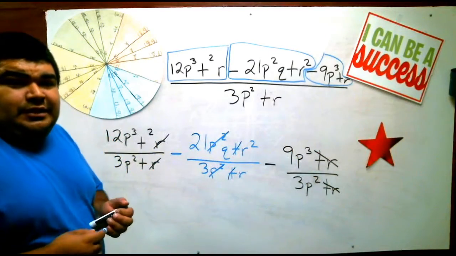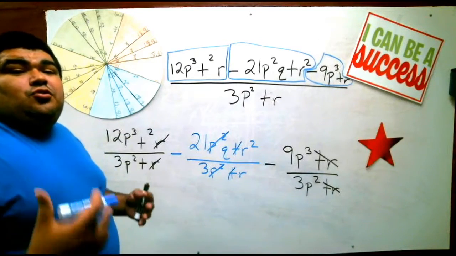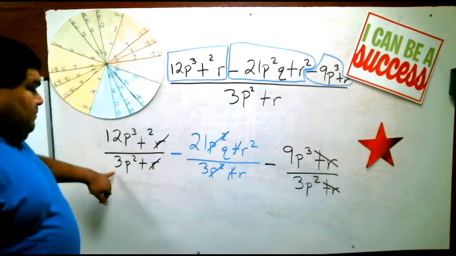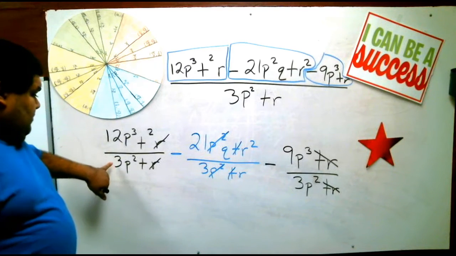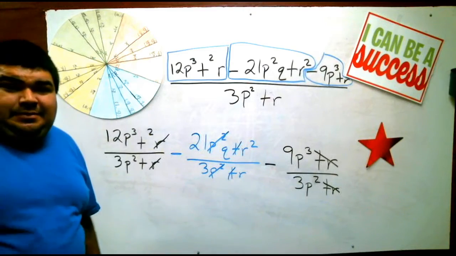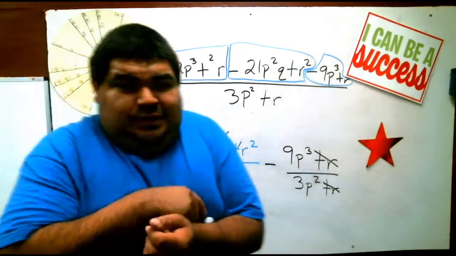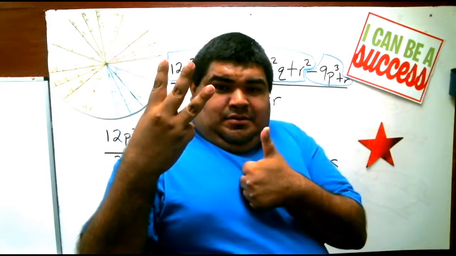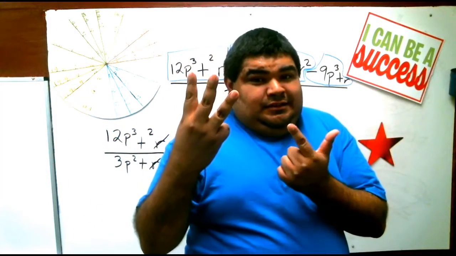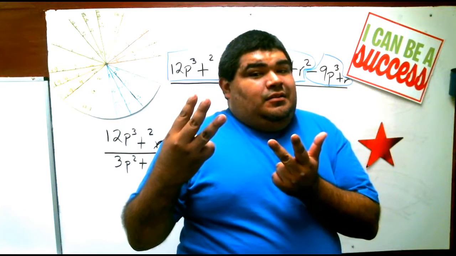Now that we canceled those out, whatever we have left over, we're going to do like a normal division, meaning, 3 can go into 12 how many times? Let's count them. So we have 3, that's 1. And then another 3, that's 6. That's 2. Another 3, that's 9. That's 3.